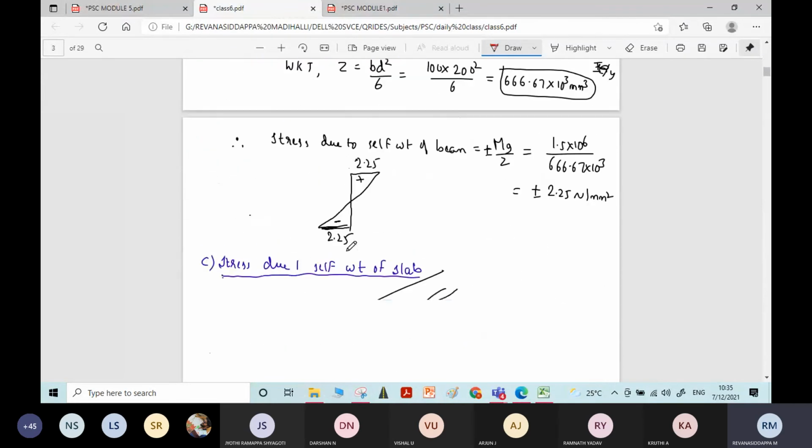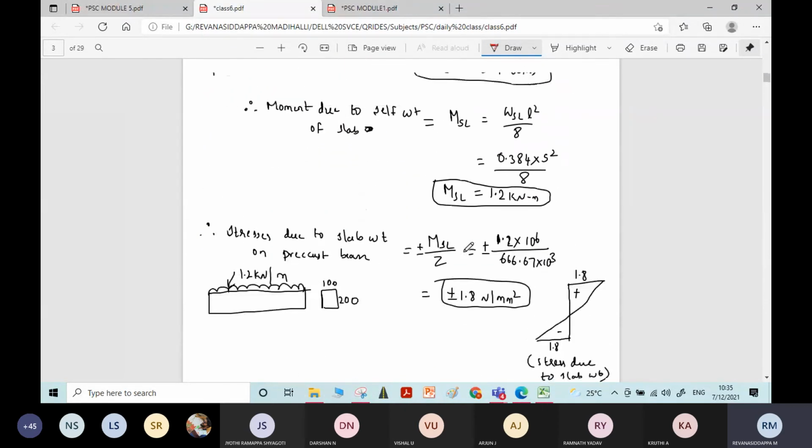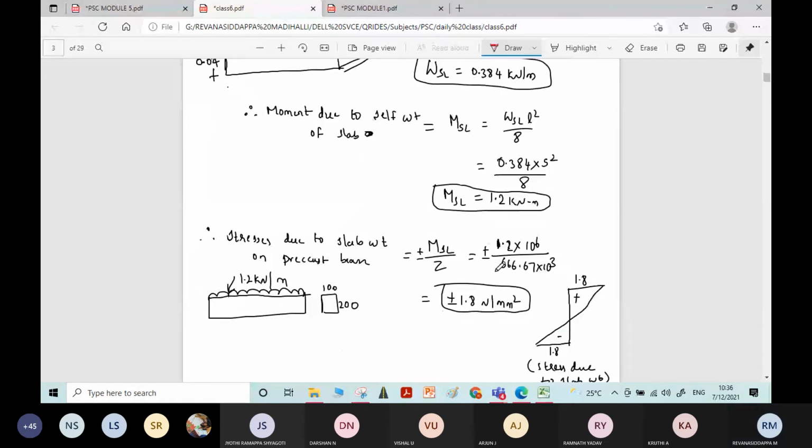While calculating stress due to the self weight of the slab for unpropped construction, we have taken section modulus with respect to the beam cross section.